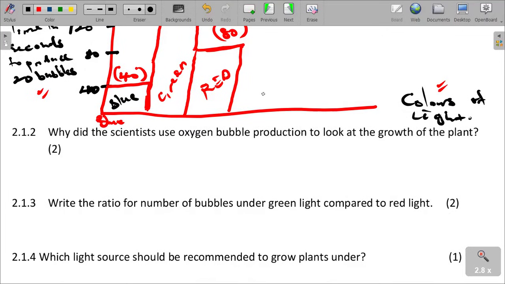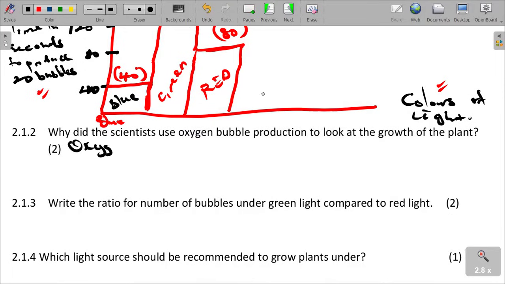And then why did the scientists use oxygen bubble production to look at the growth of the plant? I'm sure that you know that oxygen bubble production is used to measure the growth of plants because it indicates that photosynthesis is occurring. And photosynthesis is responsible for the growth of plants.